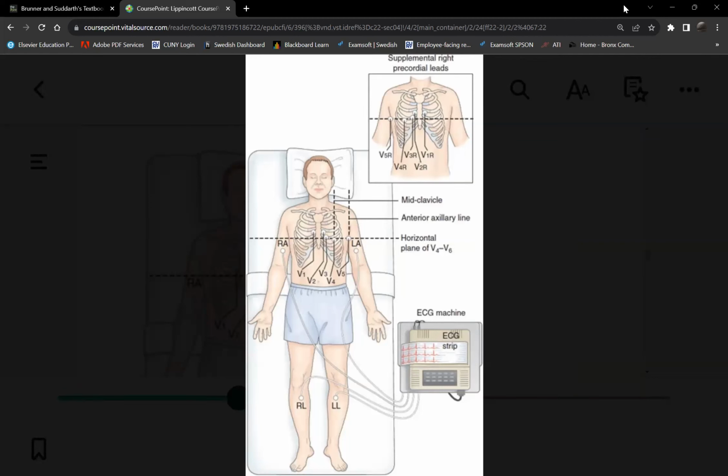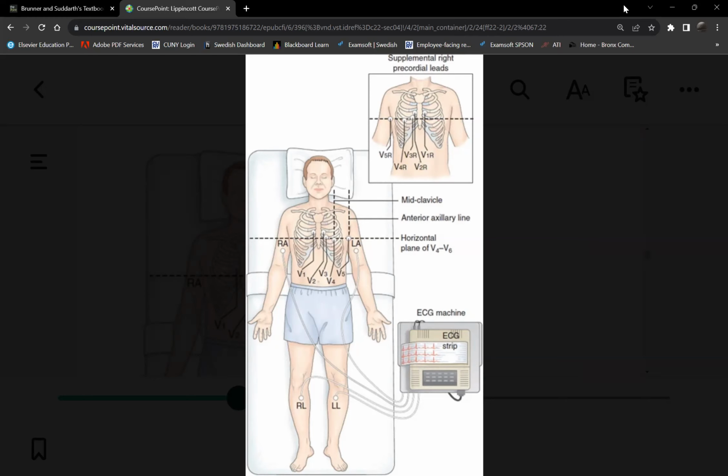Now, how do these matter? If you think about it, the heart is in the center, and you have positive and negative charge leads placed strategically around the heart. This gives us 12 different views. The best analogy is that you have 12 different photographers taking pictures of the heart from different vantage points. One is looking from the right shoulder, another from the left shoulder, another from here.